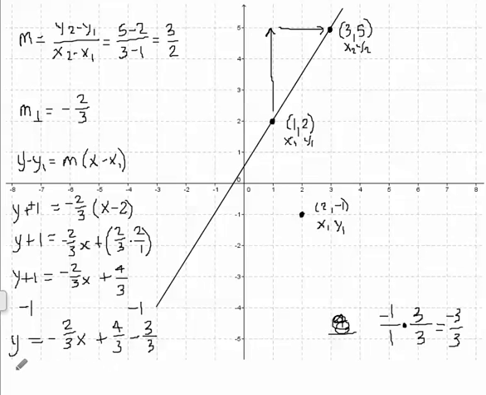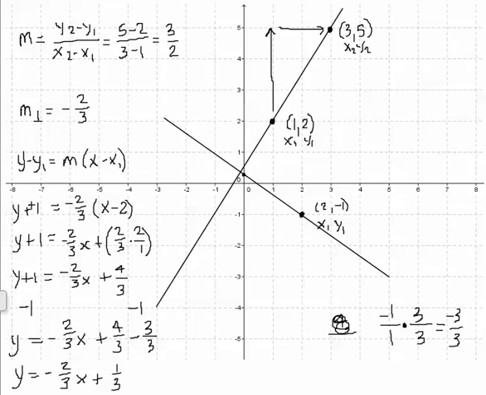Now we can clean this up, and we get y equals negative 2/3 x. And then 4/3 minus 3/3 can be subtracted now because they have the same denominator. So that's going to be plus 1/3. And I can visually check that if I plot a point at about 1/3 of the way up the y-axis here, and then go ahead and draw my line that would pass through, then it should be something like this.